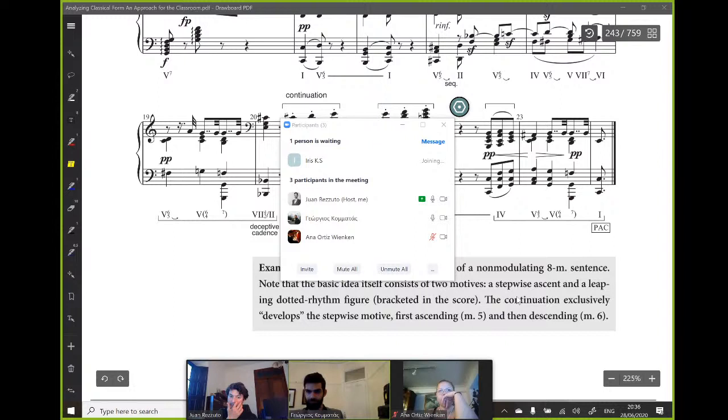No worries, sorry. So basically, the other thing is here in this example, the deceptive cadence is used to repeat the continuation, to introduce another continuation, and involves a harmony which is none of the harmonies we have discussed before.